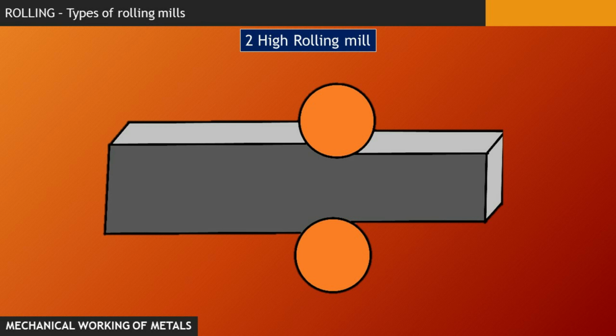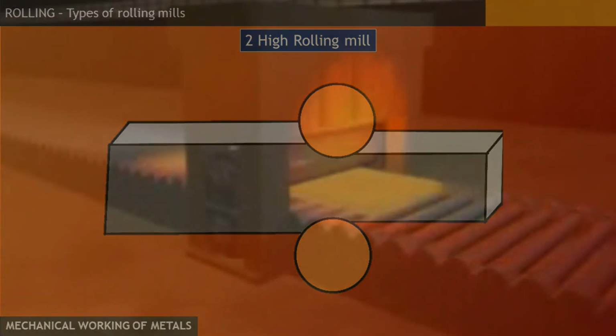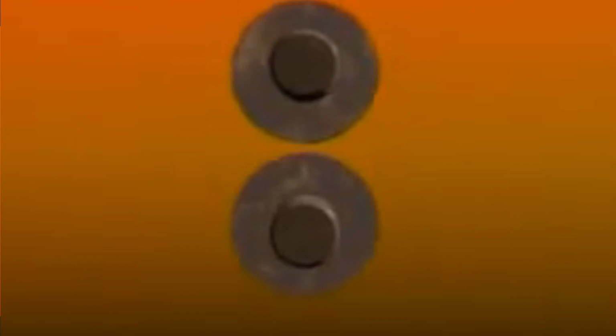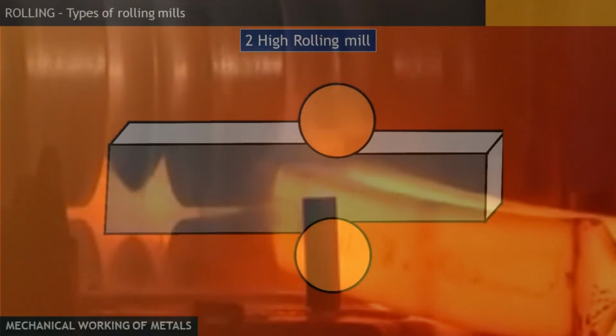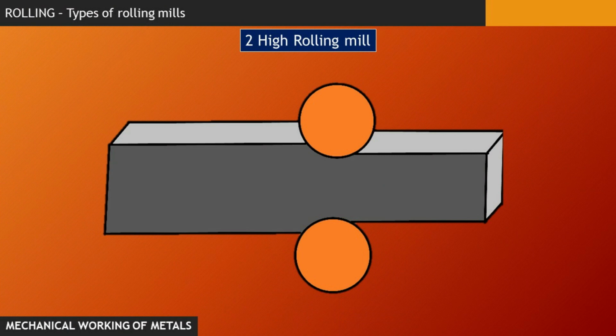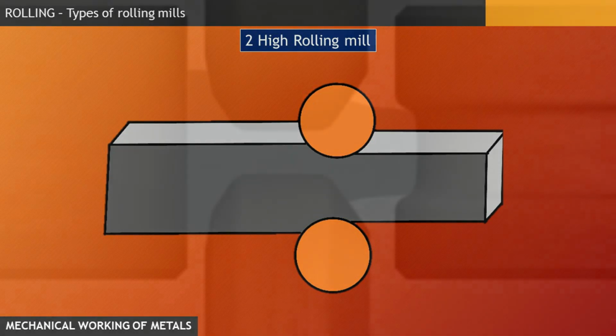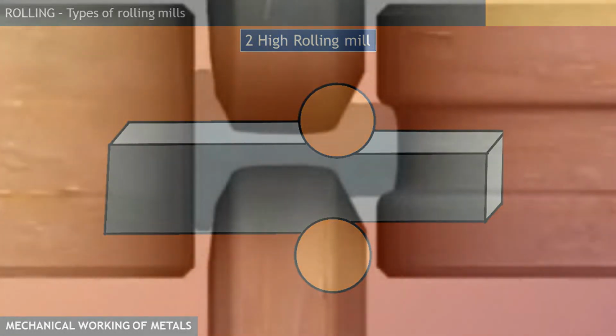Now for successive reduction, the work material or the stock is returned to the entrance of the rolls by means of a platform or by conveyor rolls or even by hand, which can then be raised to pass by the rolls. The upper roll may be raised or lowered to change the distance between the rolls and hence adjust the reduction of the work material.